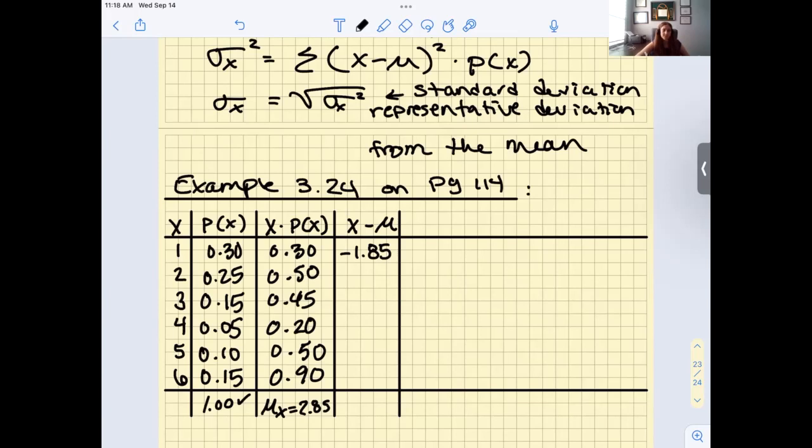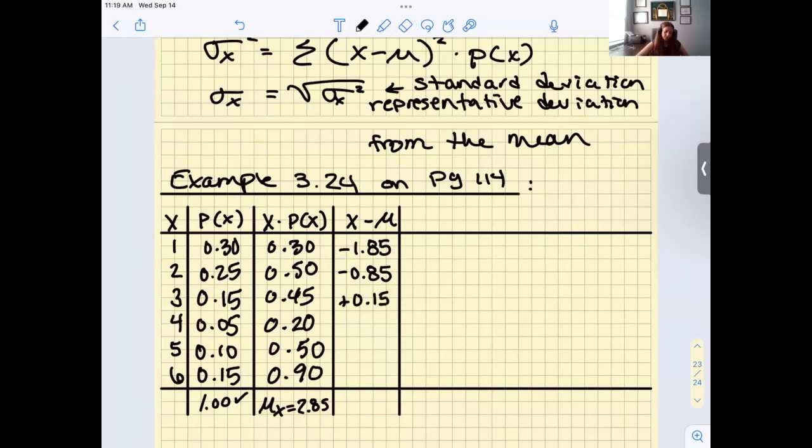What's the next number? Negative 0.85. It is to the left of the mean by 0.85. What's the next one? Positive 0.15 is to the right of the mean by 0.15.